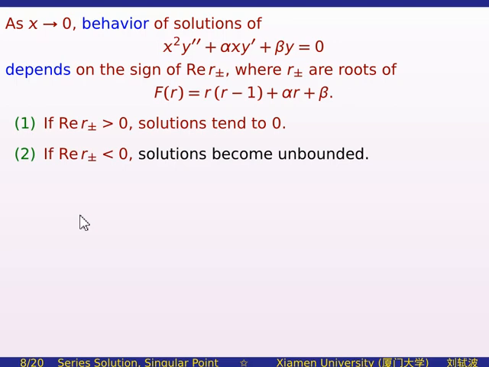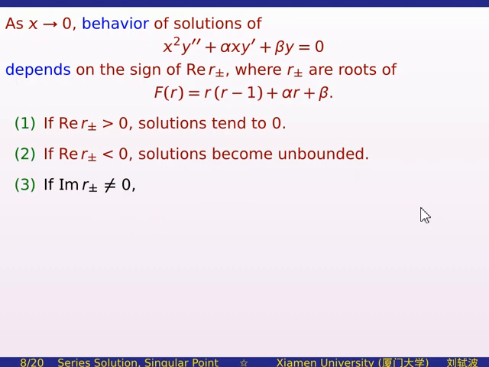So if the real part of r is negative and x goes to 0, this is a negative power of x when x goes to 0. Therefore, it will be unbounded. But you cannot say that the solution goes to infinity. This is a different concept. You can only say that the solution becomes unbounded.